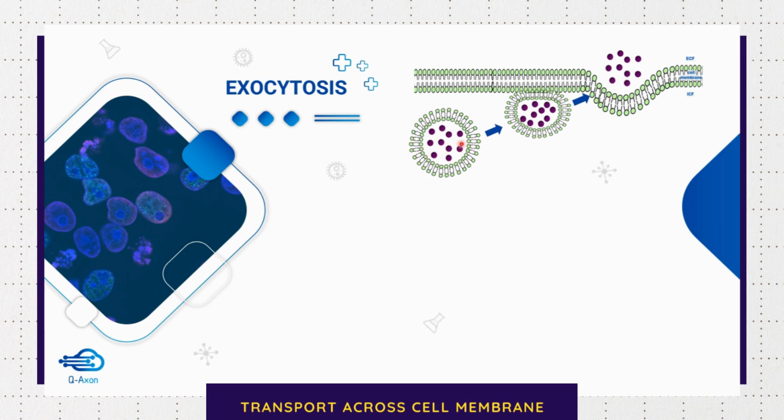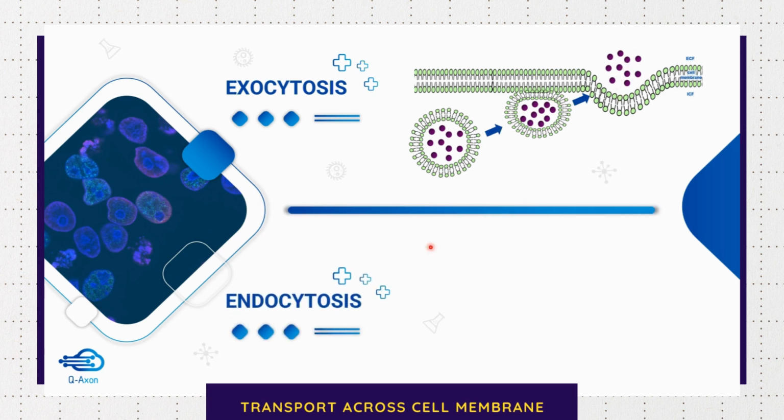The substances are held in a vesicle, which is formed of membrane, and the vesicle moves to the cell membrane and attaches to a particular site. With this fusion, that site of the membrane breaks down and the vesicle releases the substance to the outside.